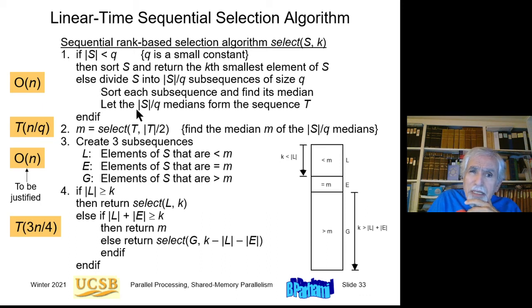Otherwise, divide S into size of S over Q subsequences of size Q. Sort each subsequence. Remember, because each of these small sequences has a short length, we can sort it. Doesn't matter, it will take a constant time to sort. Find its median. Let the size of S over Q medians form the sequence T.